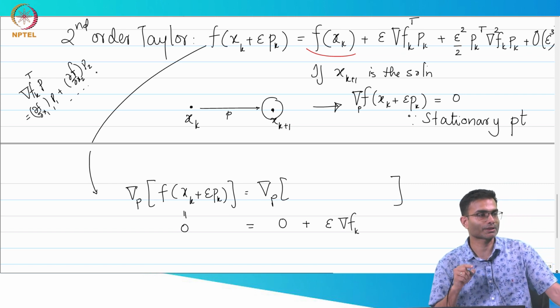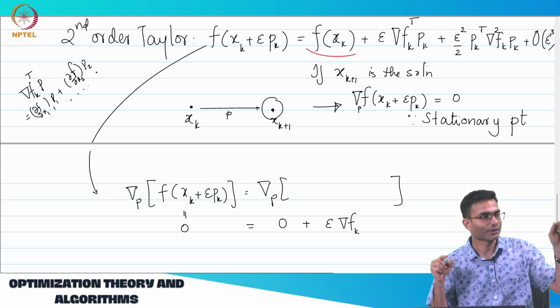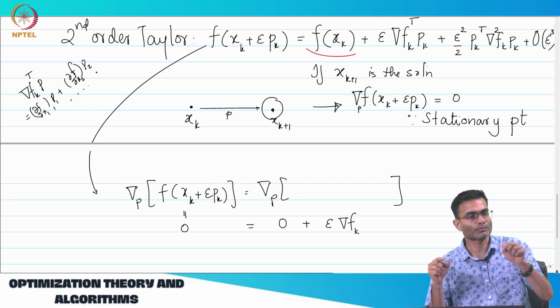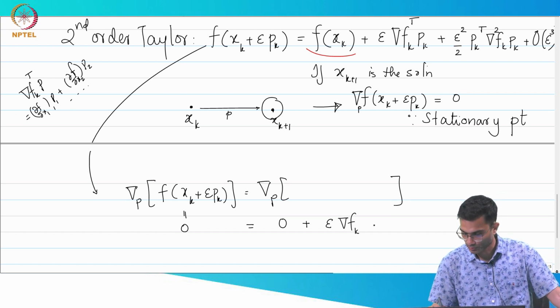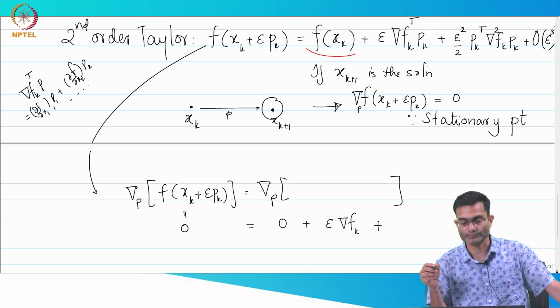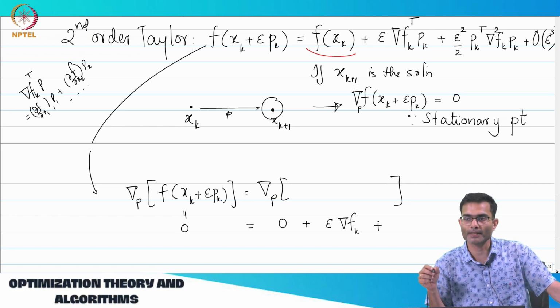And now when I take partial derivative with respect to p1, p2, what will I be left with? Df by dx1, df by dx2, basically grad f is what I am left with, right? So this is the second term. What happens to the third term? We had a little bit of practice for this term.